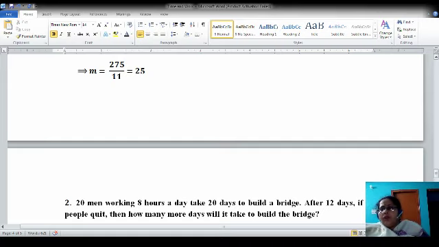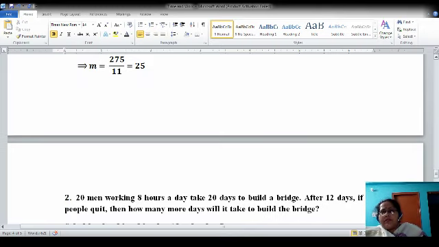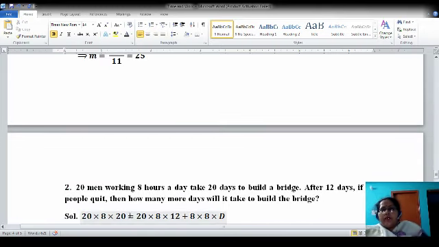So the total man hours needed is 20 into 8 into 20, right? So this is our left hand side. And on the right hand side, this would have been the ideal situation, but what has happened is that after 12 days 12 people quit. So up to 12 days 20 men were working, so it is again 20 men working for 12 days and 8 hours. So 20 into 8 into 12.